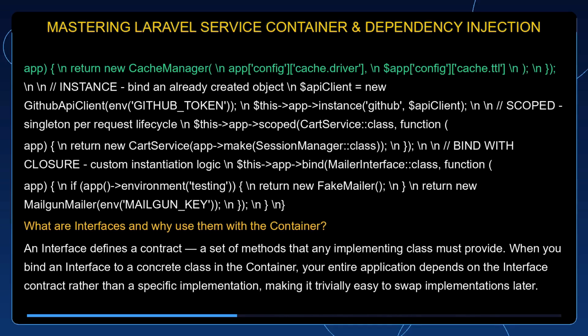return new CacheManager($app['config']['cache.driver'], $app['config']['cache.ttl']). Instance: bind an already created object. $apiClient = new GitHubApiClient(env('GITHUB_TOKEN')); $this->app->instance('github', $apiClient).